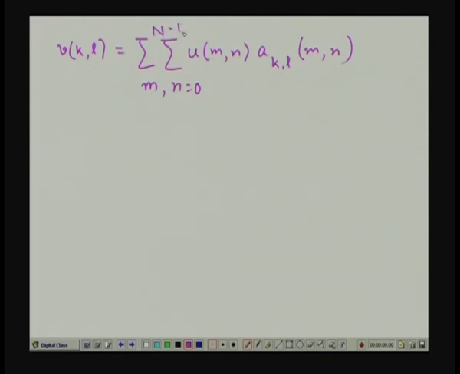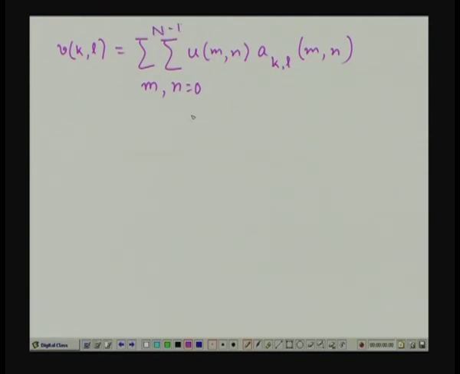now if I rewrite our transformation equations. So, now we can write the transformation equations as V k L is equal to, you find that the old expression that we have written, the sum of U m n A k L m n, where both m and n vary from 0 to capital N minus 1.